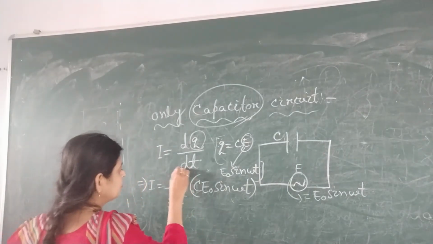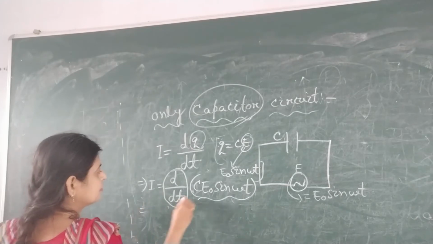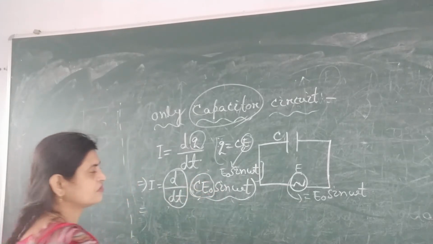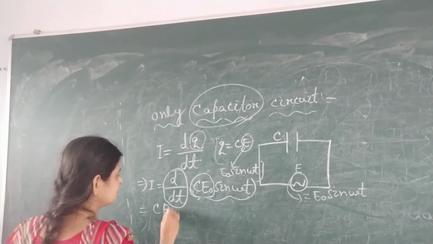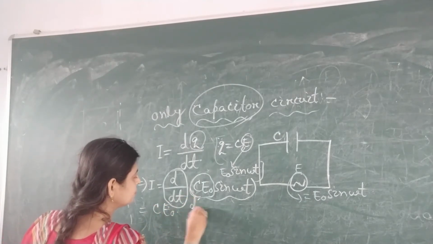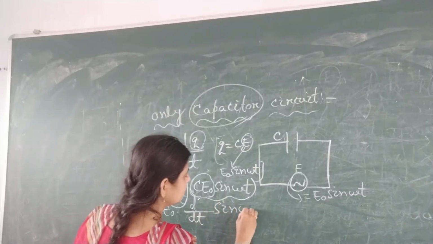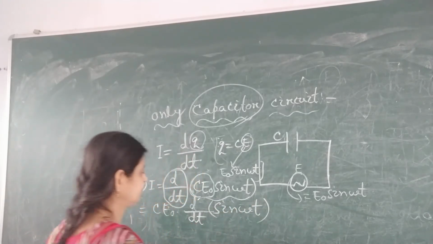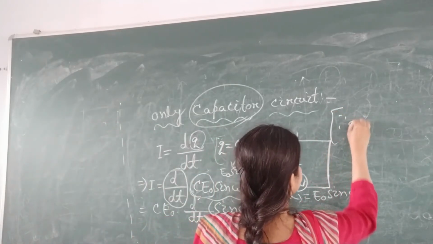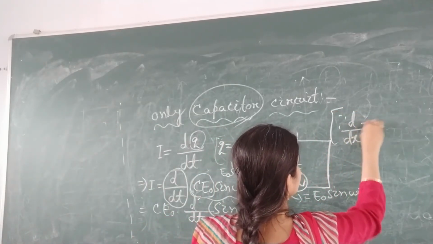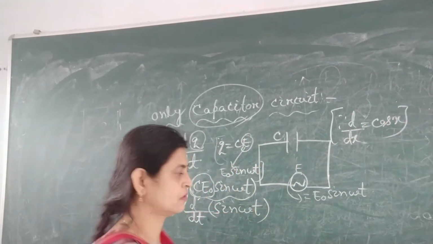Now you have to differentiate this expression. Here C E0 is constant, so you can write down everything C E0. Only you have to differentiate sin omega t. Differentiation of sin x is equal to cos x.